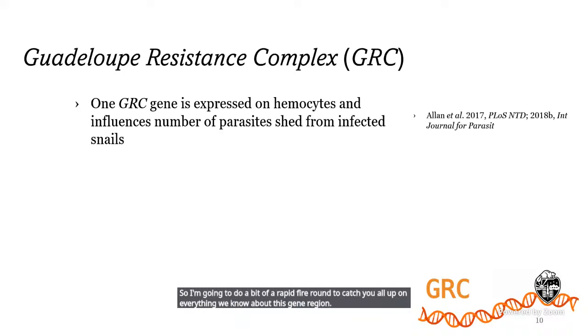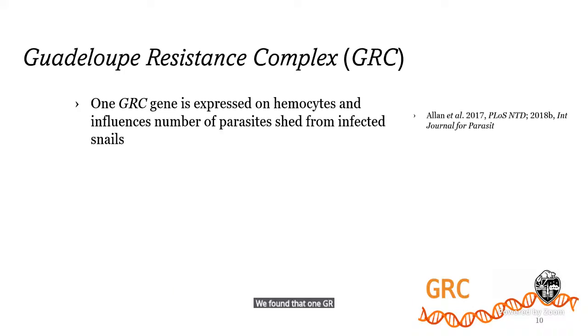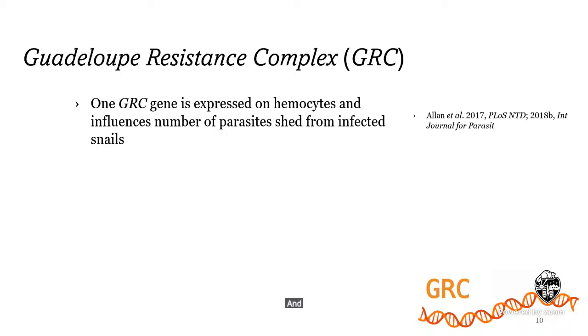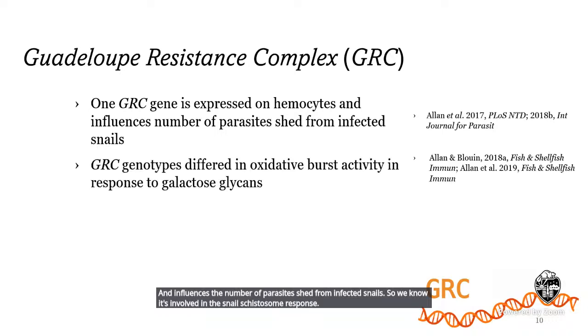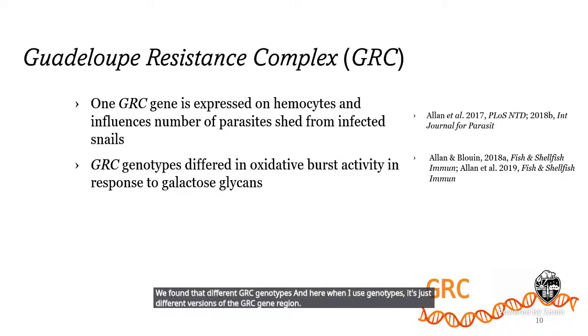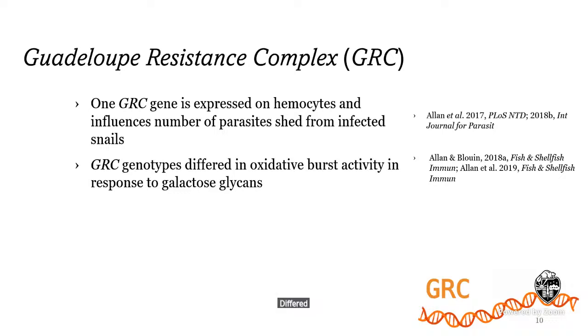We found that one GRC gene is expressed on hemocytes, which are the snail immune cells, and influences the number of parasites shed from infected snails. So we know it's involved in the snail schistosome response. We found that different GRC genotypes, and here when I use genotypes, it's just different versions of the GRC gene region, differed in their oxidative burst activity in response to galactose-glycans.